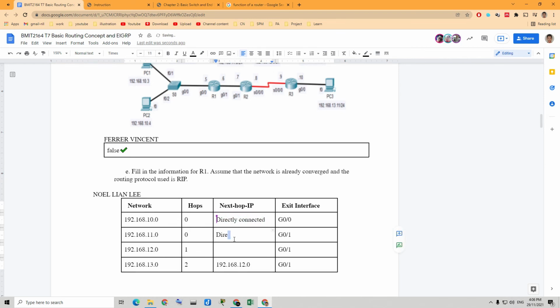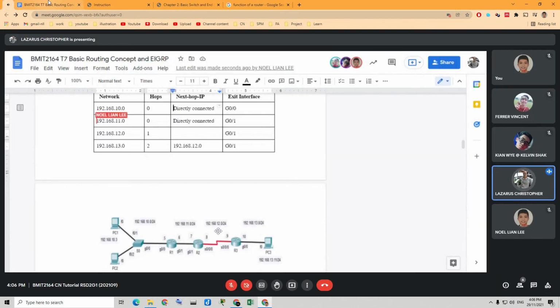Now we consider dot 12. Dot 12 is remote to R1.